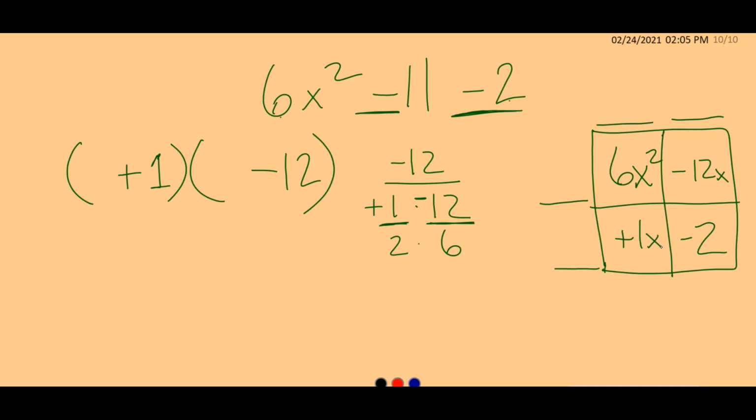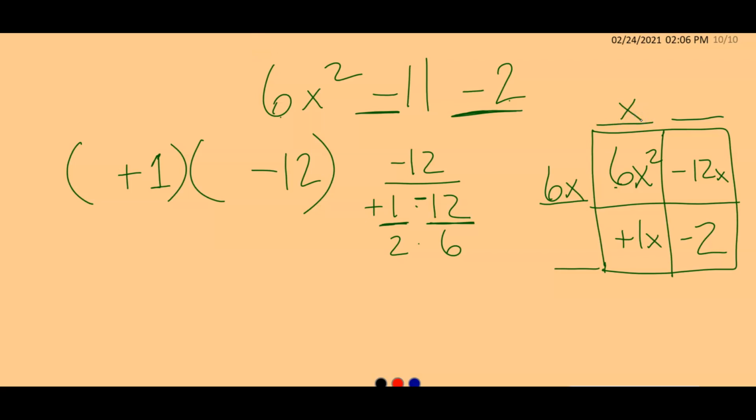So what's the greatest common factor between these two here? Let's do the area model first. So between 6x and -12x, I'm going to choose 6x. Okay? 6x squared divided by 6x gives us an x left. Correct?